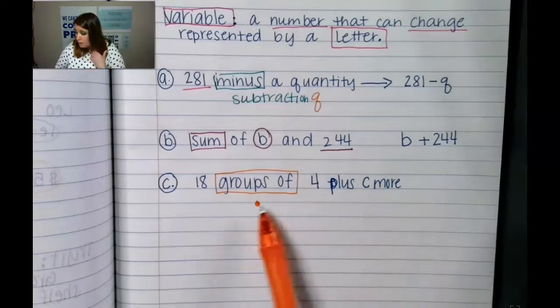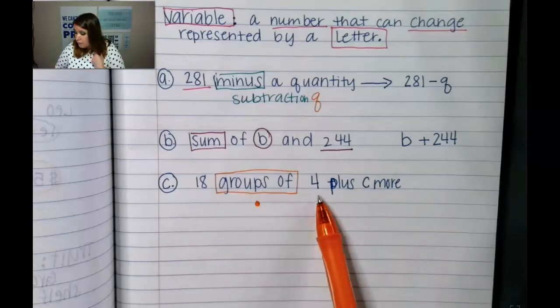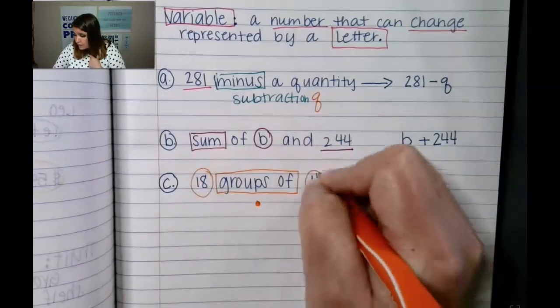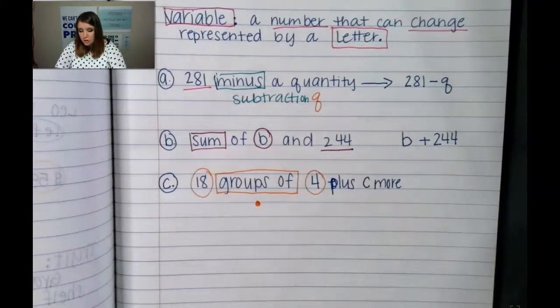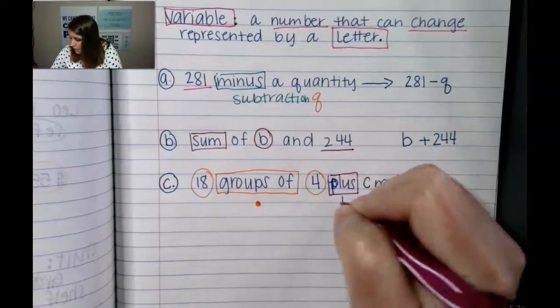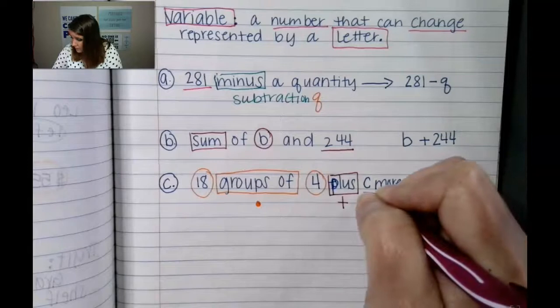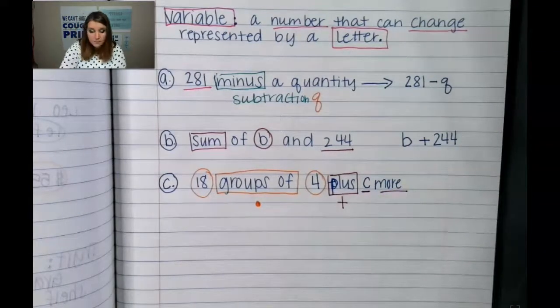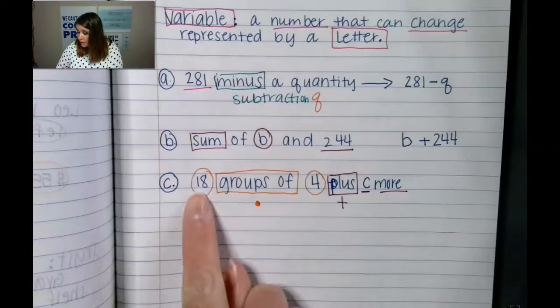So 18 groups of 4, so I've got this number, I have this number, but look, I have another thing here. I have plus, so we know plus, I have C more. Okay, so I've got a couple things happening here.